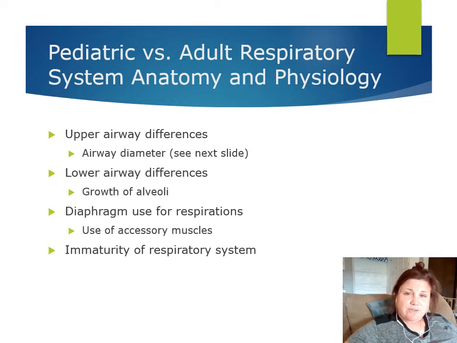Different types of retractions can indicate the severity of the distress. We know that intercostal retractions are considered mild distress. They generally mean that the patient's compensating. When the patient exhibits substernal or subcostal retractions, that is an indication of moderate distress, and it should be an indicator to take action, perform interventions, because it's becoming more and more difficult for the patient to compensate.